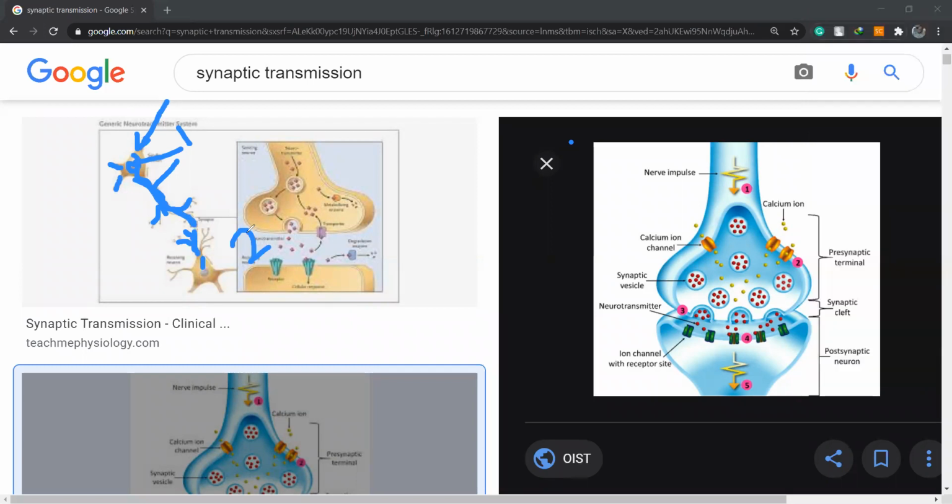So please, any questions so far? Please kindly go over it again for us. Okay. So I'm saying this is neuron 1 and this is neuron 2. Right now, neuron 1, you know its structure.